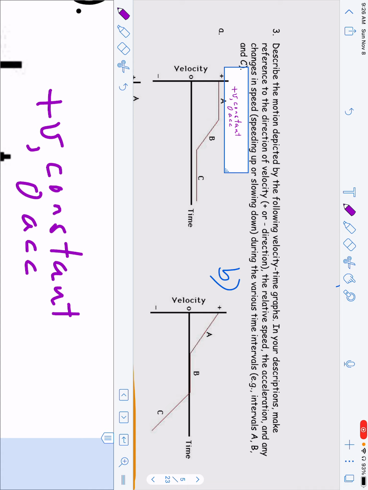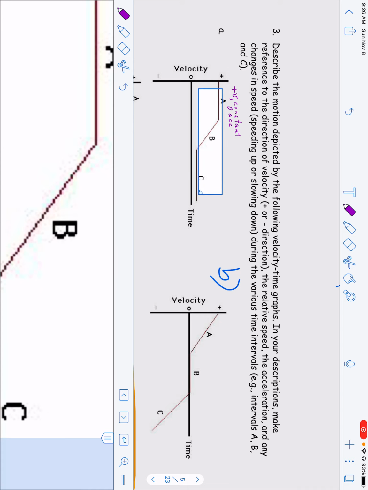Very important point: you could either be at rest, or going constant speed, and then you'll have zero acceleration. So that's at A. At B, we have positive velocity, which means going towards the right, but the velocity is obviously decreasing. We have constant acceleration because it's a straight line.